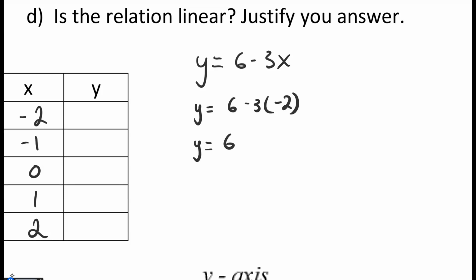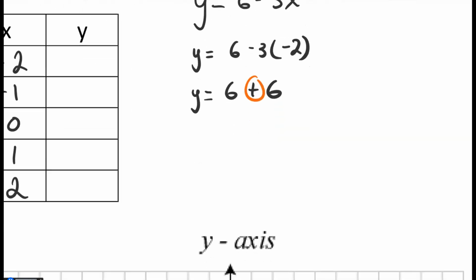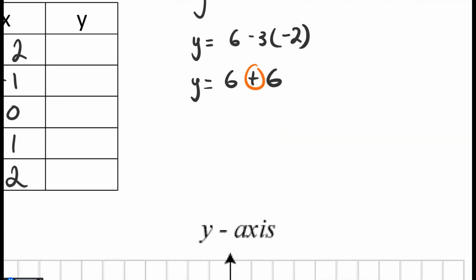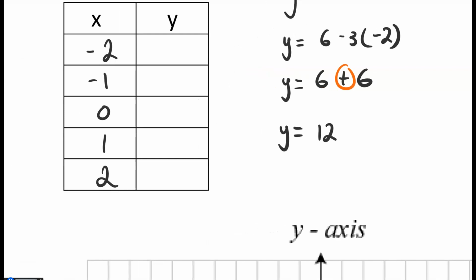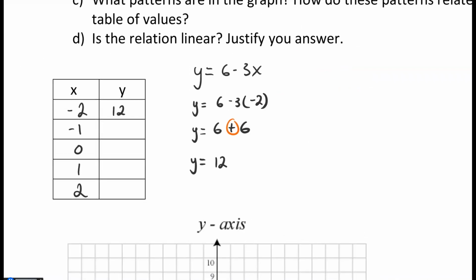Now we have a negative times a negative, which will give you a positive 6. So don't forget about that positive. Negative times negative is always positive. So y equals 6 plus 6, which will give you 12. Slide over to our table. When x was -2, y was 12.